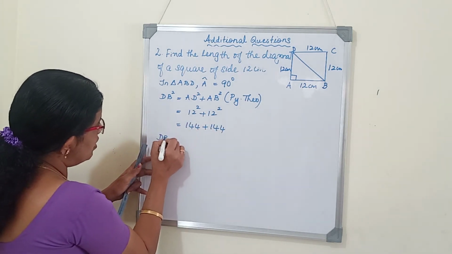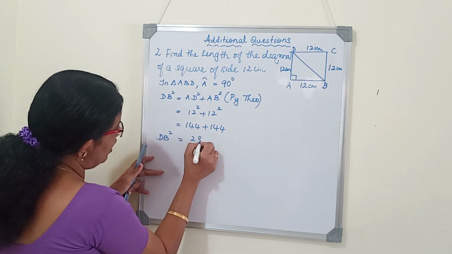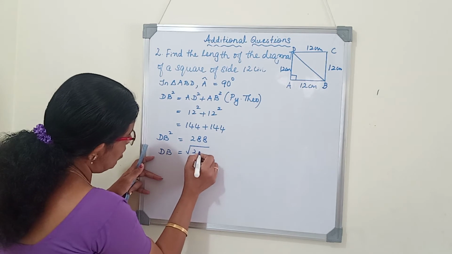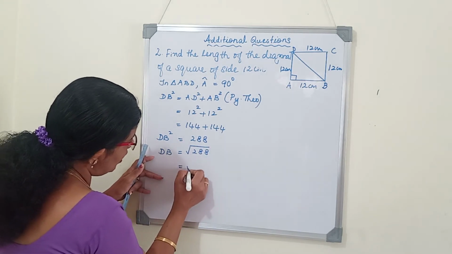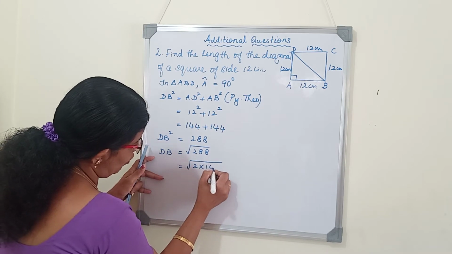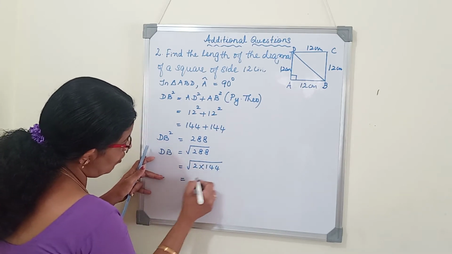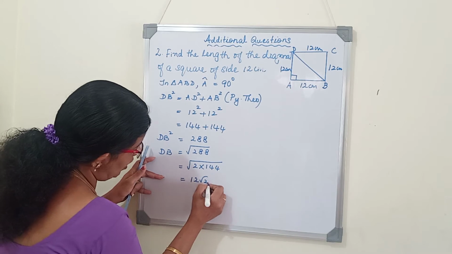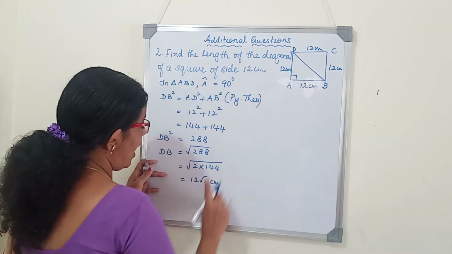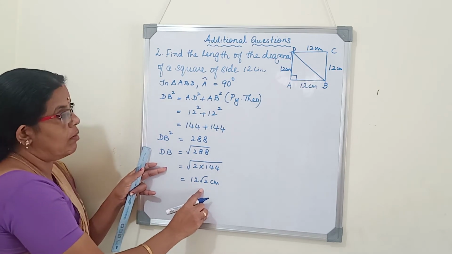So DB square is equal to 288. DB equals square root of 288. Square root of 288 we can factorize fully, or you can write 2 into 144. Square root of 144 is 12. So 12 root 2 centimeter. So if the side of a square is 12 centimeter, then the diagonal will be 12 root 2 centimeter.